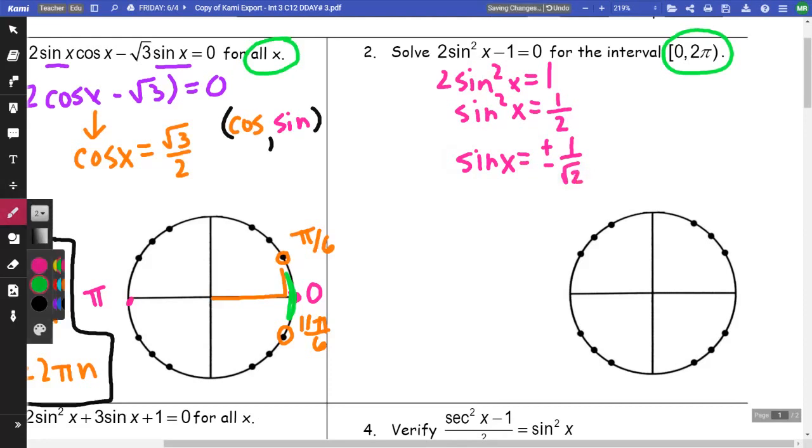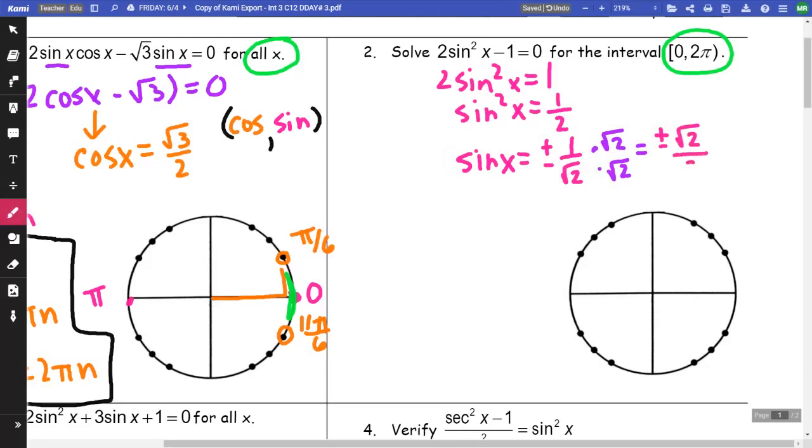Now, we may not recognize this on the unit circle because we like to have it in rationalized form, where I am multiplying top and bottom by root 2, and I want to know where my sine is equal to positive and negative root 2 over 2. That's at all your pi fourths.